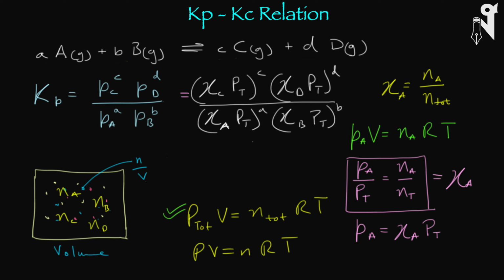So what we land up with is chi C power C, chi D power D, chi A power A, chi B power B, and then all the PTs taken together will be PT whole power delta Ng. So it is again the number of moles of gases in the product side minus the number of moles of gases in the reactant side.